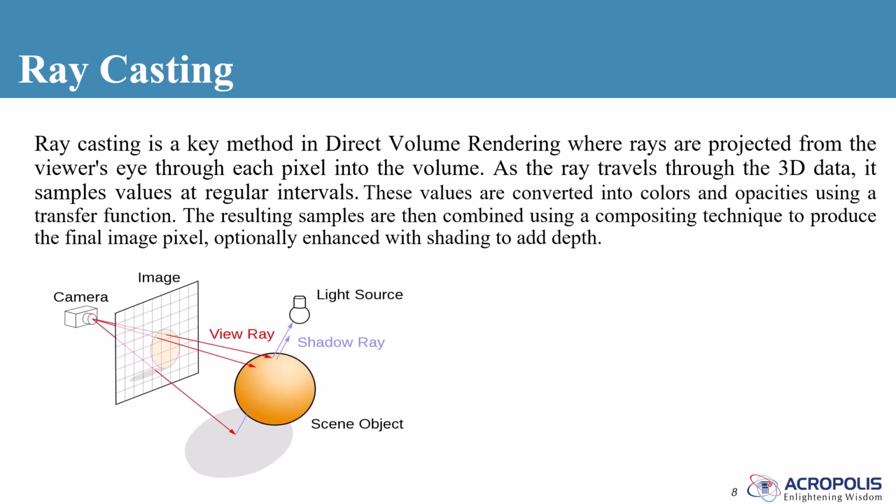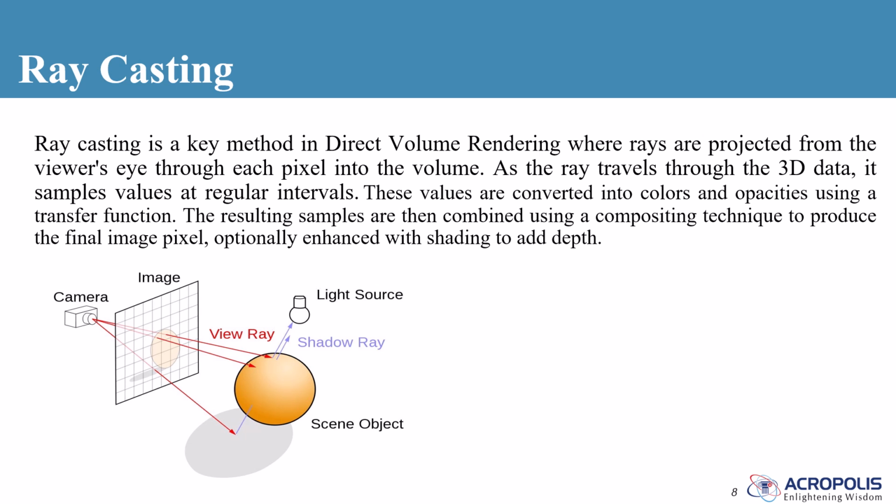So now let's understand ray casting in depth. Ray casting is a key method in direct volume rendering where rays are projected from the viewer's eye through each pixel in the volume. As the ray travels through the 3D data, it samples values at regular intervals. These values are converted into color and opacity using a transfer function.